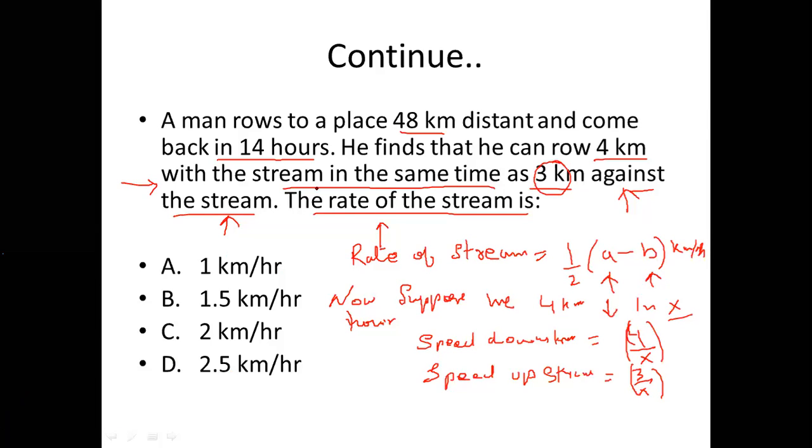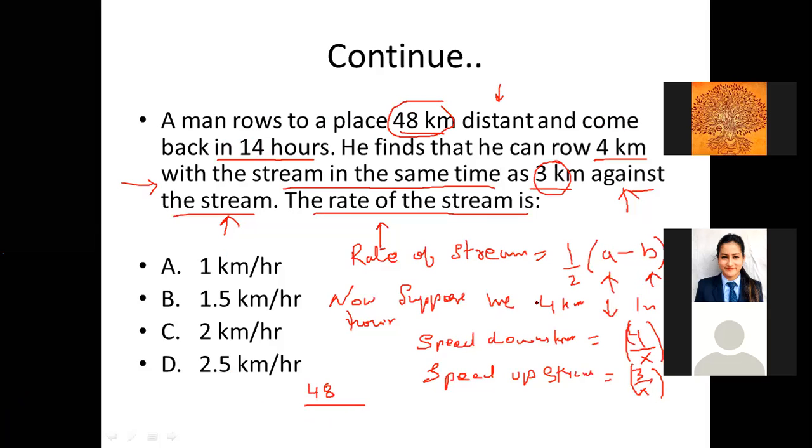So total distance, given that a man rows up to how many kilometers? 48 kilometers. That is the distance which we have, and comes back in 14 hours. So time is equal to distance upon speed.